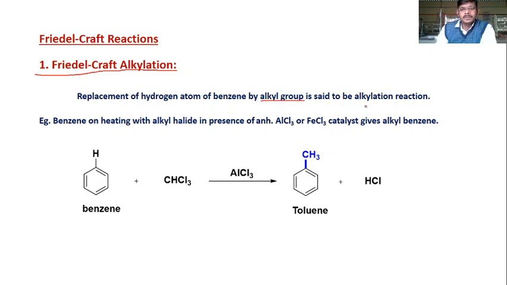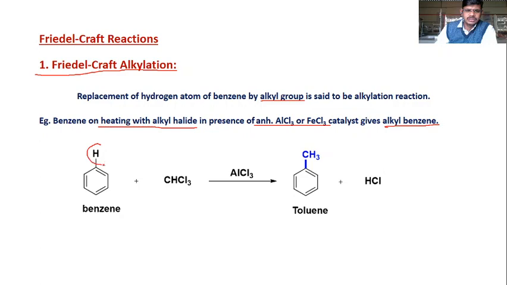An example of the Friedel-Crafts alkylation is benzene on heating with an alkyl halide in the presence of anhydrous AlCl3 or FeCl3 catalyst, aluminum trichloride or ferric chloride, which gives alkyl benzene. This is the alkyl and this is the benzene ring, so it is alkyl benzene, and the example is suggested in the reaction as benzene.